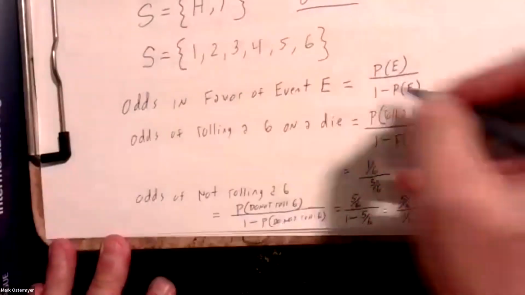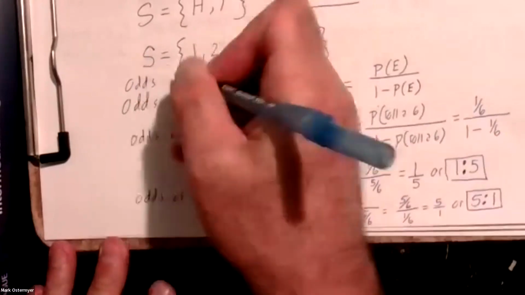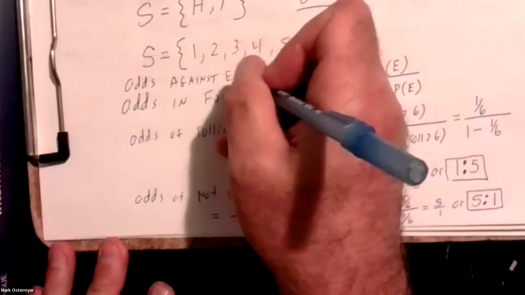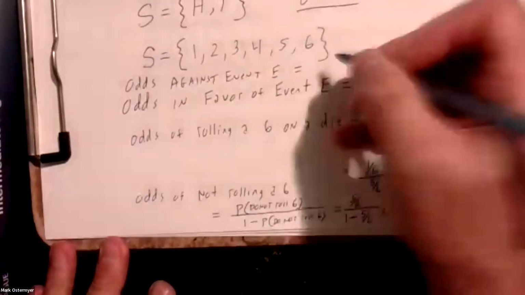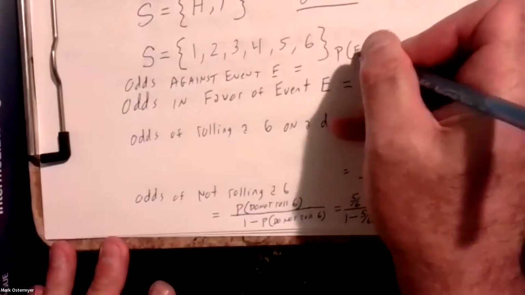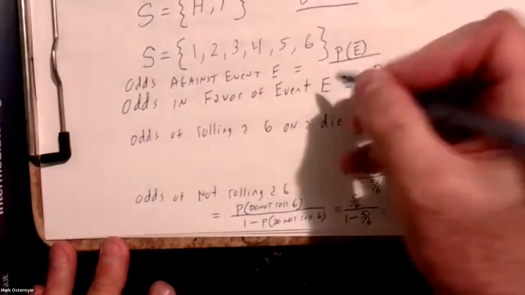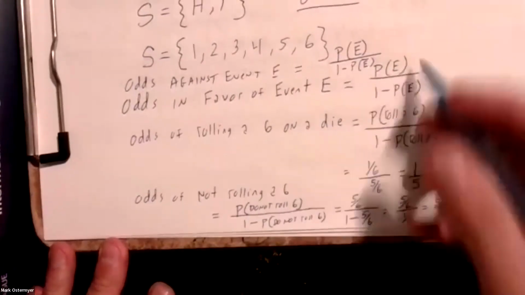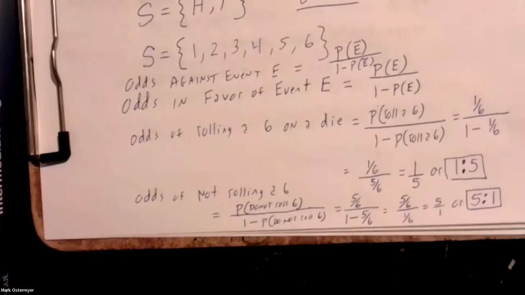And so what would be the odds against event E? Well, that's going to be the probability of the complementary event occurring, or the probability of not E occurring, divided by 1 minus the probability of not E occurring. So you can see there is an innate relationship between odds versus probabilities.